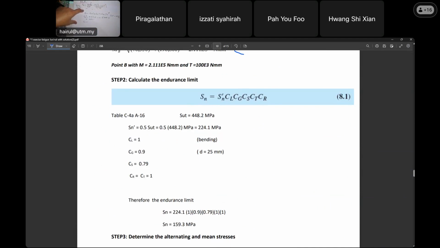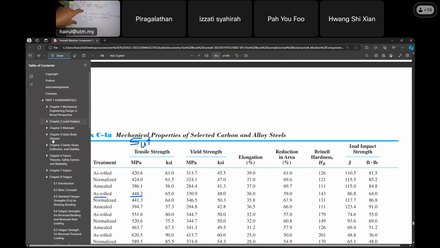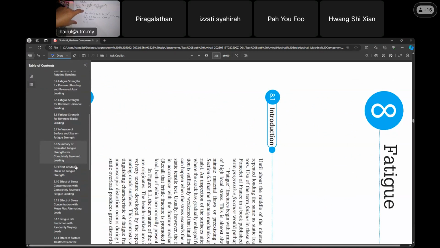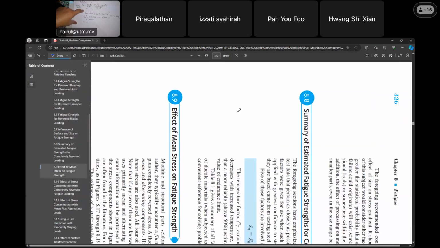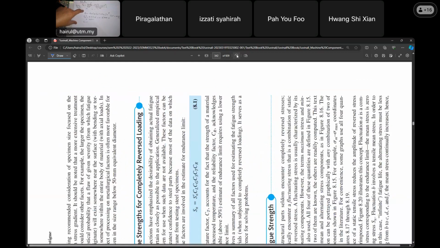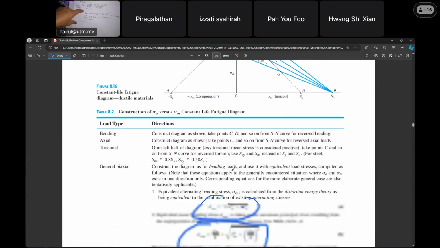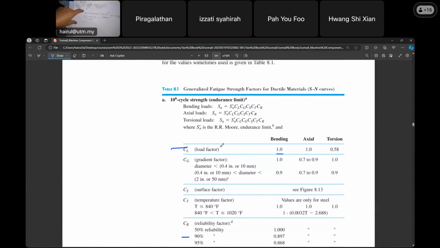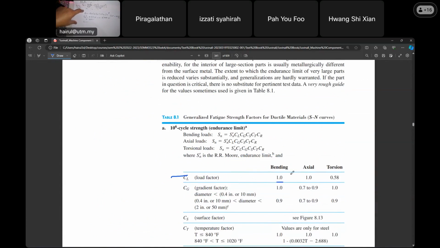Remember, in the textbook, chapter 8, Table 8.1, the load factor for bending is 1. So Cl is 1.